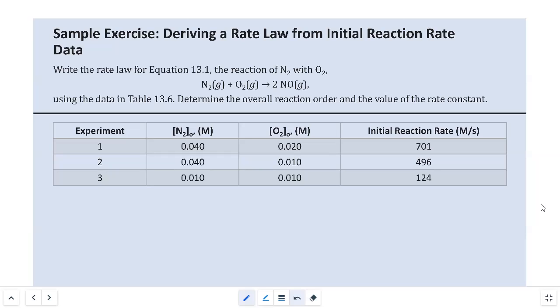Now to do this, what we're going to need to set up is a pair of rate laws, and we're going to compare them to each other.